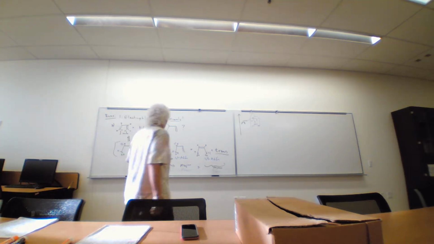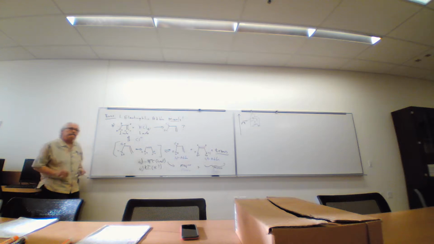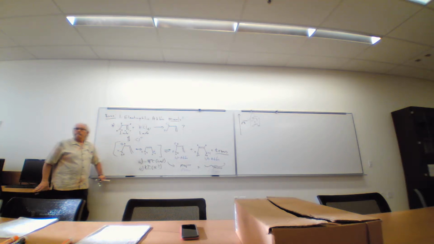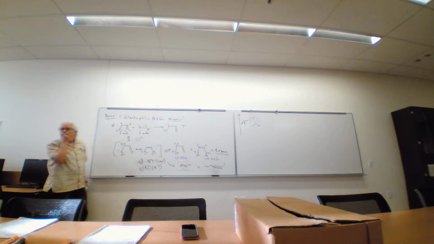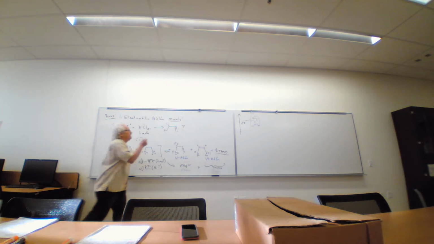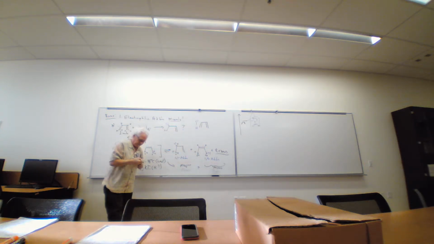What's going to happen now is two possible things are going to happen. We have to look at the mechanism. It's all about the mechanism. So we're right here. I have this. Now, watch. What has really happened is that I had this right here, and I had HCl like that.